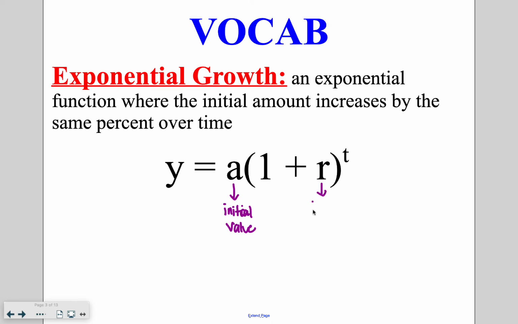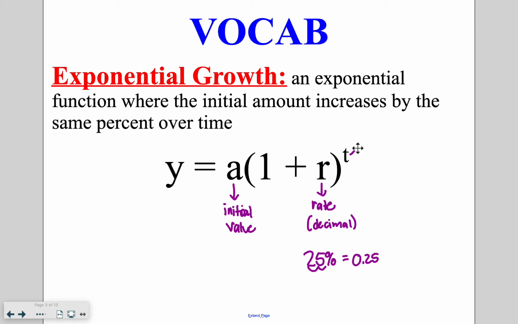The r stands for the rate or the percent, and it must be written in its decimal form. Remember, to get from a percent to a decimal, for example 25%, we move that decimal over twice, giving us 0.25. So every time you go from percent to decimal, the decimal moves 2 places left.